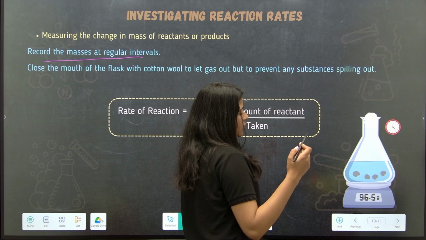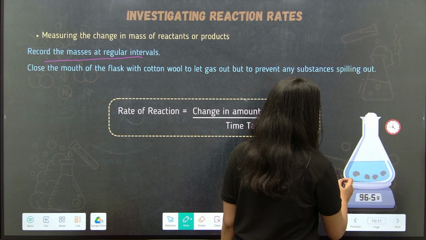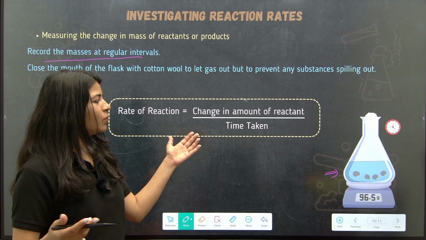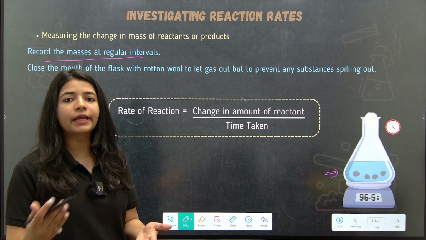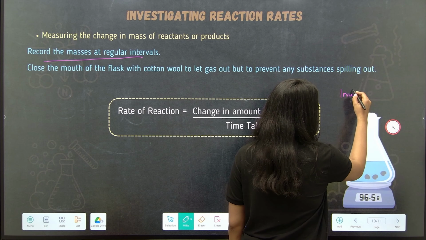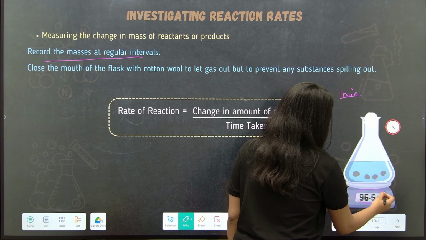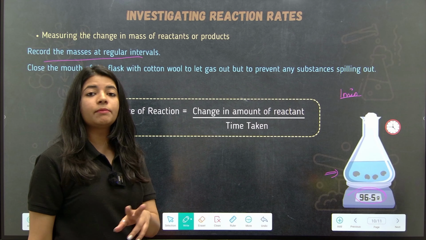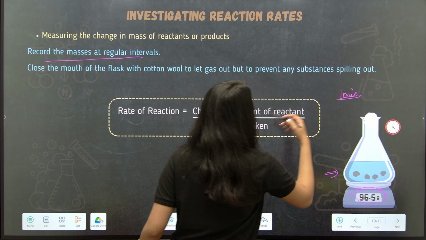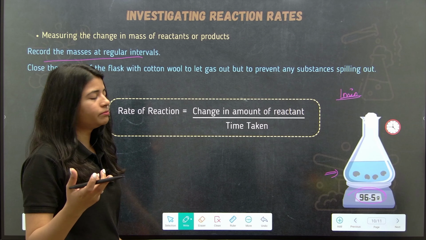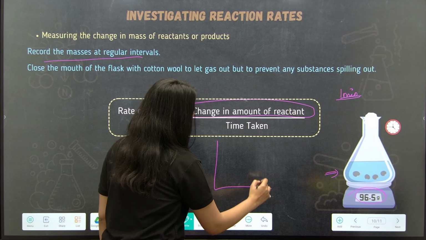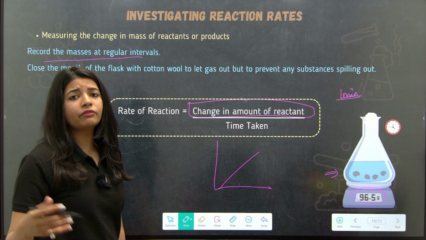Here we have to monitor every 1 minute, 2 minutes, or 5 minutes, whichever reaction we are taking, accordingly. For example, every 1 minute, what is the mass the scale is showing. Then we will plot a graph between time and the amount of reactant, and this is how we will find out the rate of reaction.